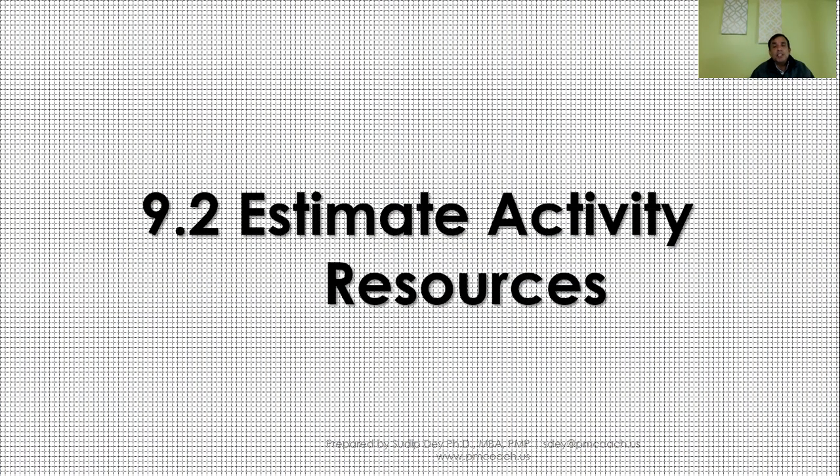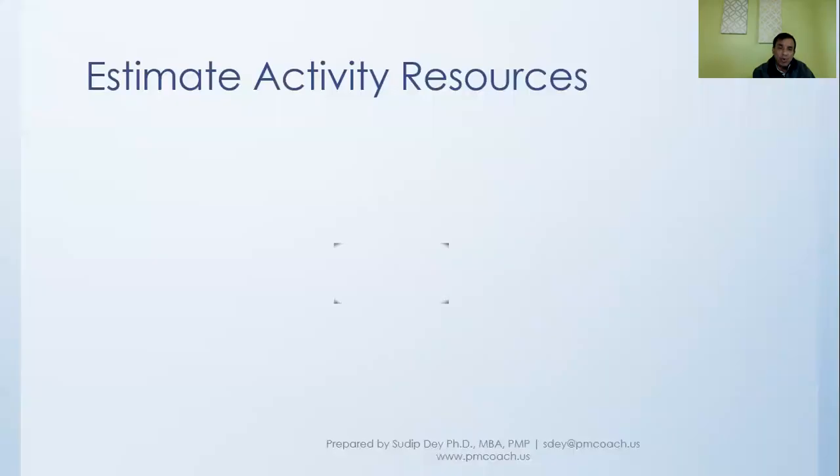The next process we look at is estimate activity resources. Now, estimate activity resources, if we look at the flow, in fact, in the previous edition was in cost management.